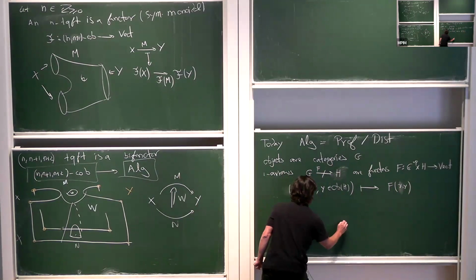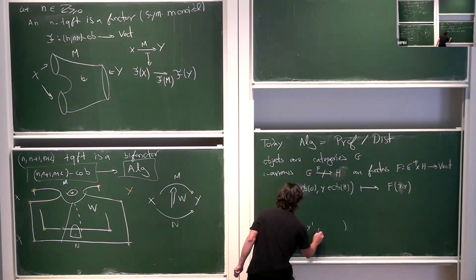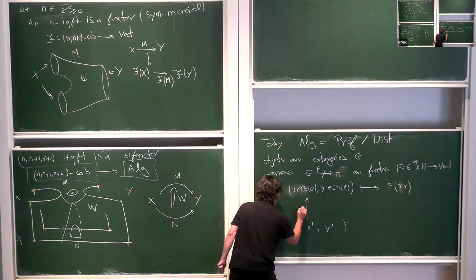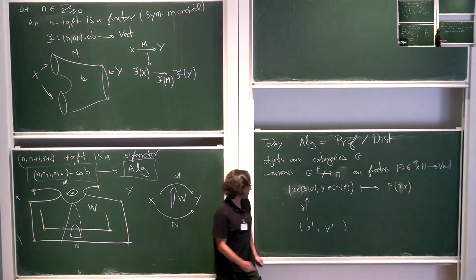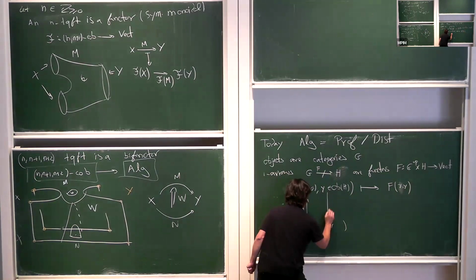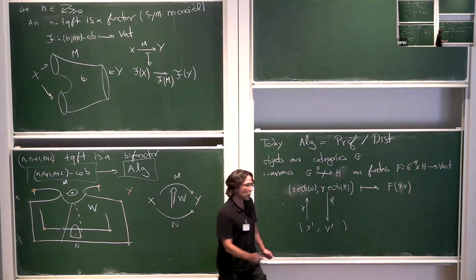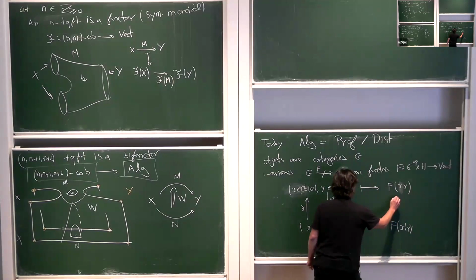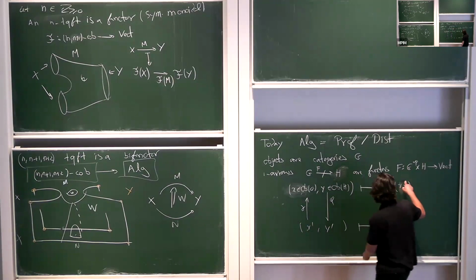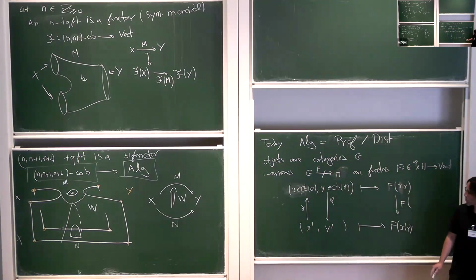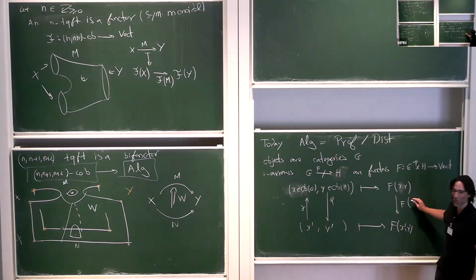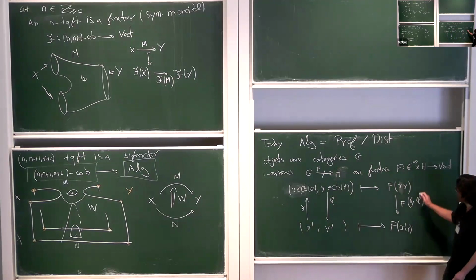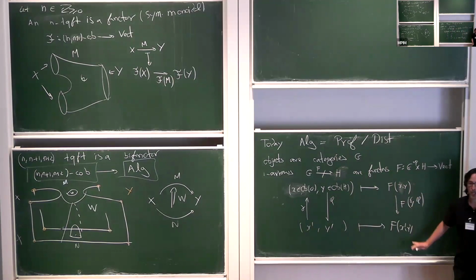And the profunctor property says that if I have X prime and Y prime, and an arrow gamma from X prime to X and another arrow phi from Y to Y prime, I should be able to get a linear map, given my conventions, I think this is what I get, might be the opposite, something which I'm going to call F gamma phi, which is a vector space map from top to bottom.